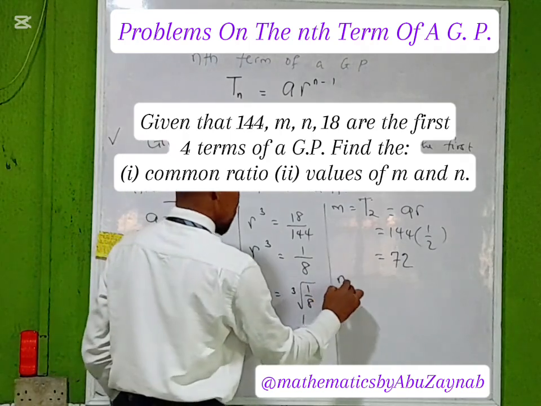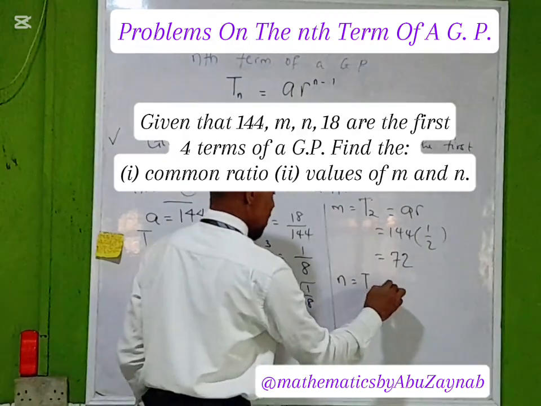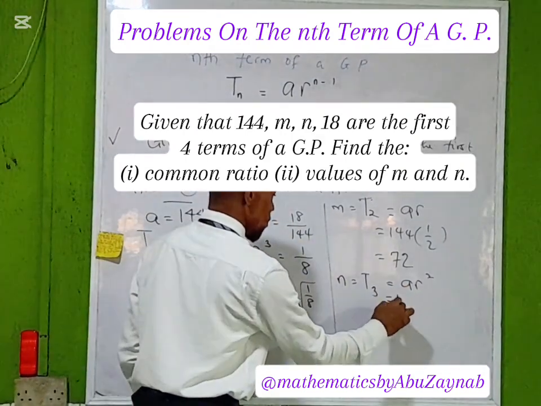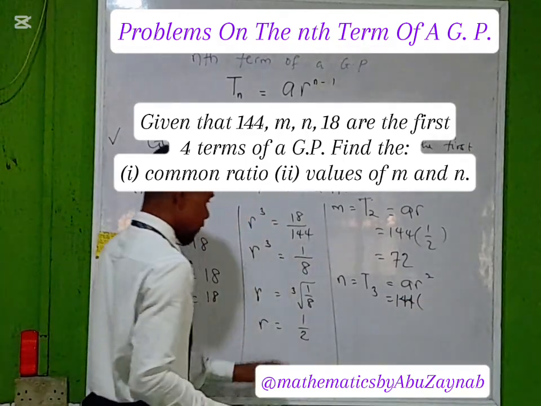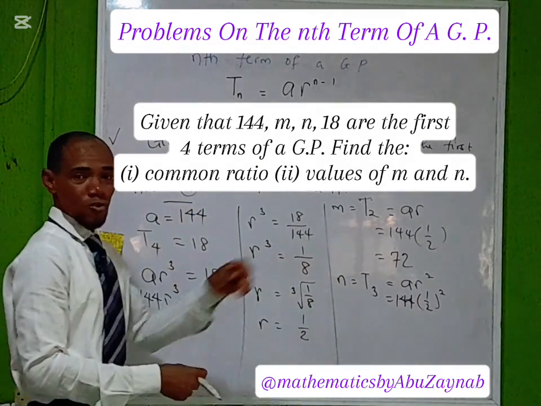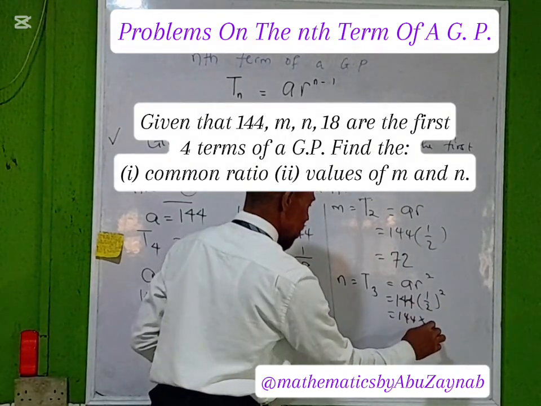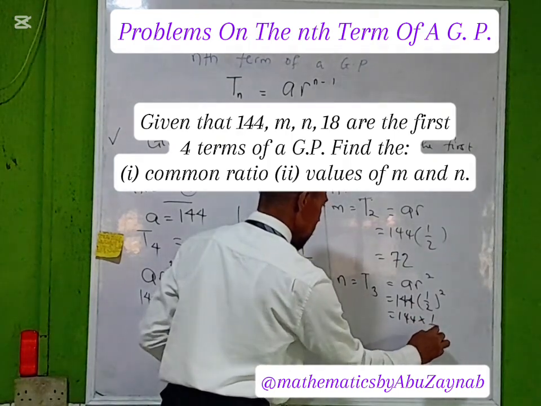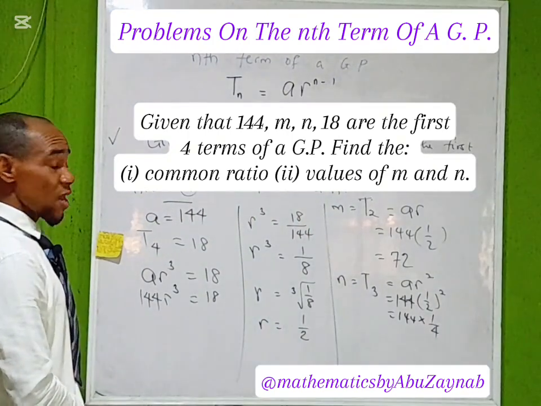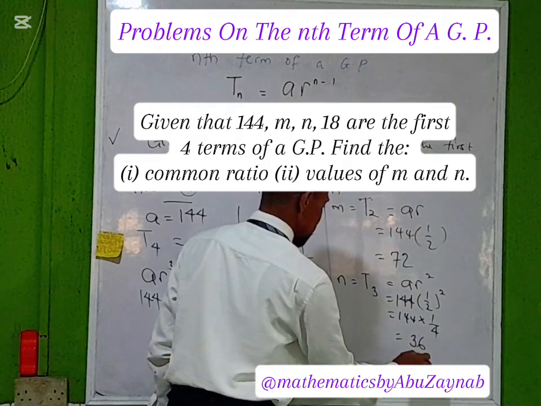Then lastly, what's the value for n? n is actually the third term. And the third term in formula is A R to the power 2. So A is again 144 and R is half. So don't forget to square the half. So 144 times half squared, which is 1 over 4. So 144 divided by 4, the answer is going to become 36.